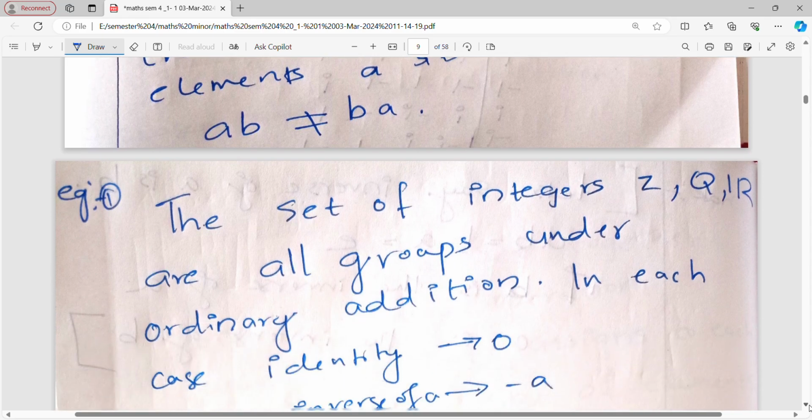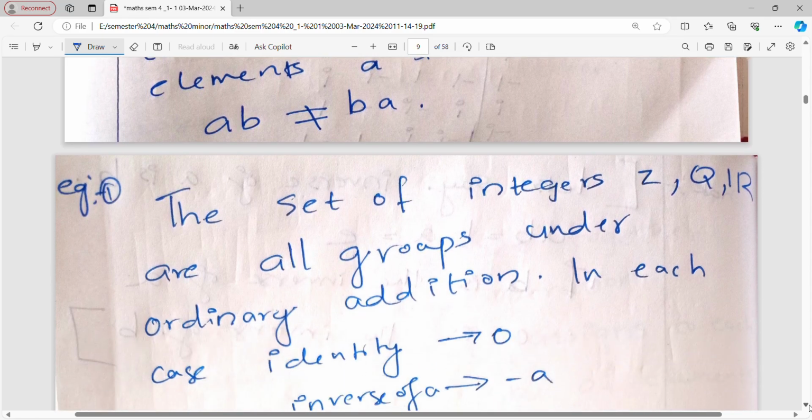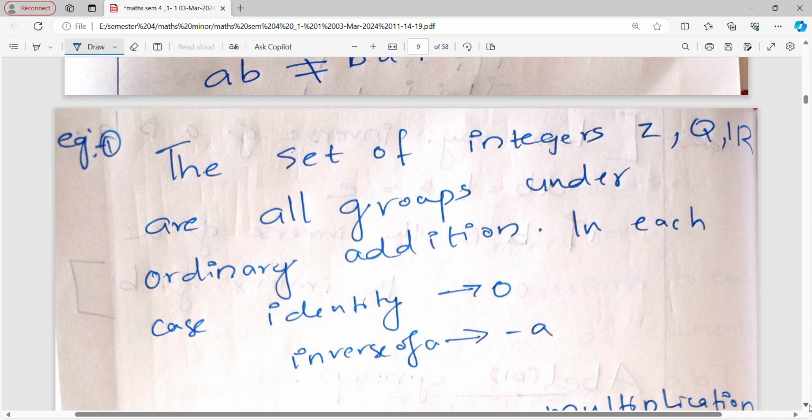Now as I said, there are 20 examples in total and we'll be covering 12 in this class. The set of all integers, Z, set of all rational numbers, Q, set of all real numbers, R, are all groups under ordinary addition. Identity will be 0.